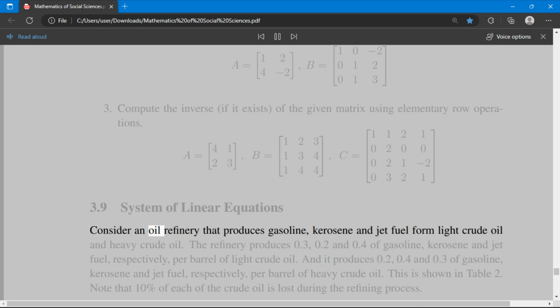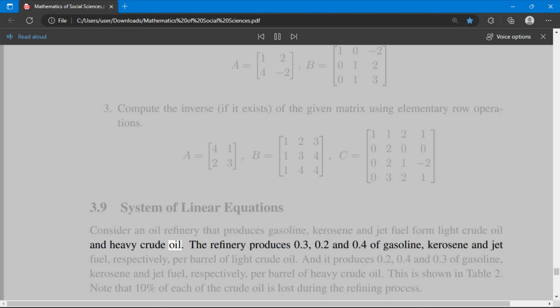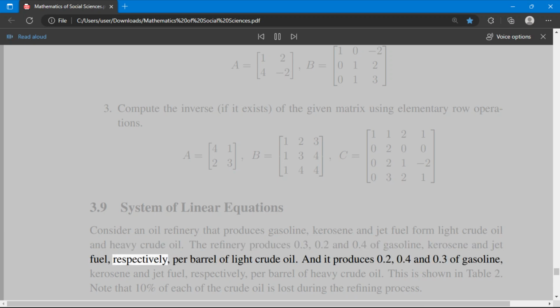3.9 System of linear equations. Consider an oil refinery that produces gasoline, kerosene, and jet fuel from light crude oil and heavy crude oil. The refinery produces 0.3, 0.2, and 0.4 of gasoline, kerosene and jet fuel, respectively, per barrel of light crude oil.